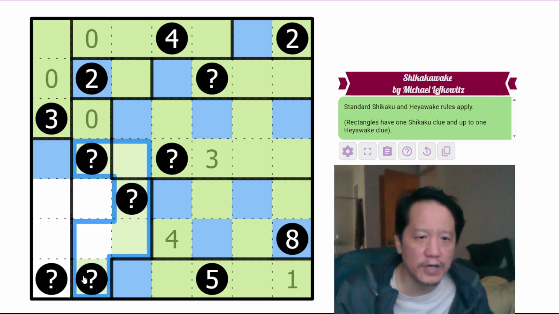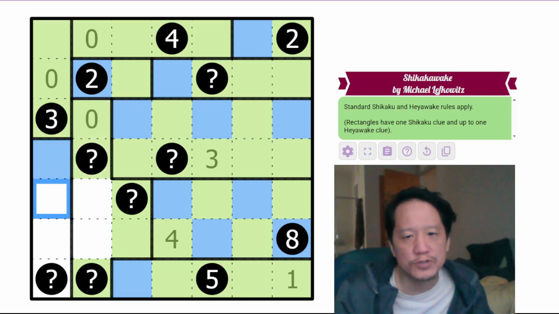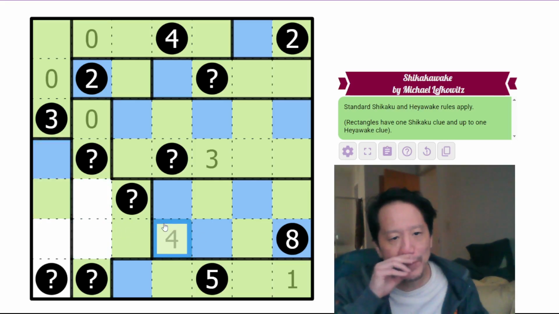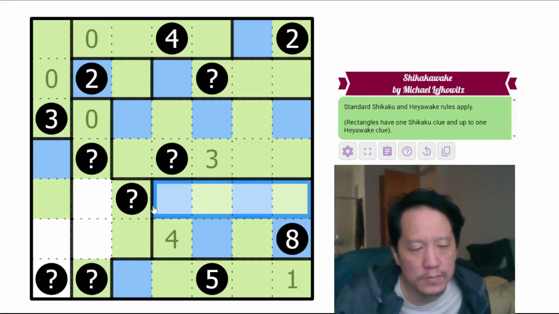This is already kind of orthogonally connected. It cannot be the full 4 down here. This is blue, so this must be green here. This is 1, 2.